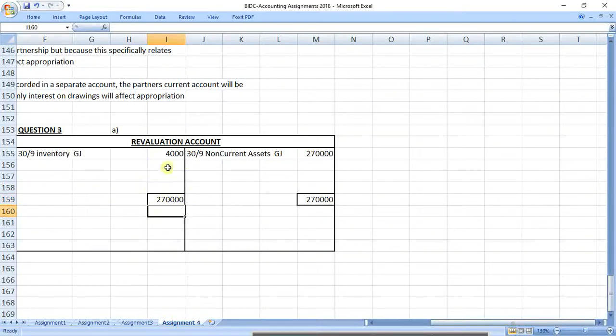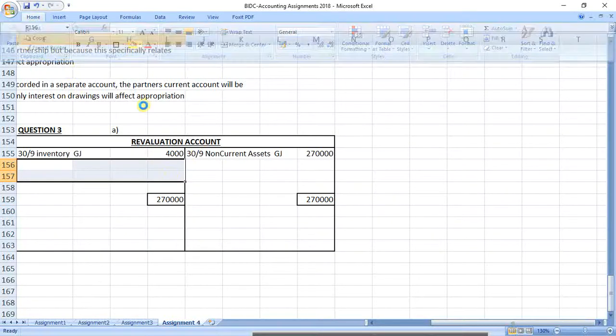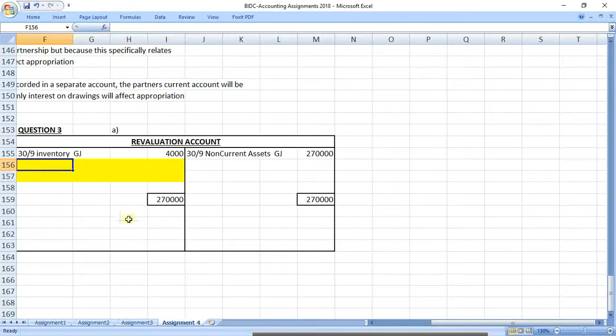Okay, the balancing figure is going to be then for capital, right? Because the partners get the benefit. So 30th of the 9, capital. What were their names again? John. Capital Levy.